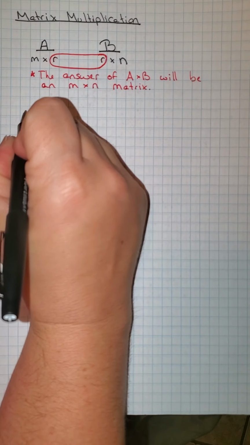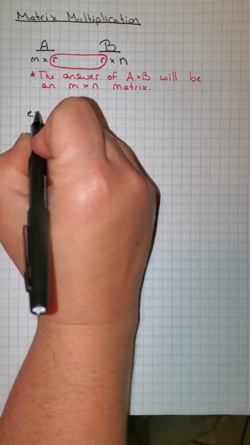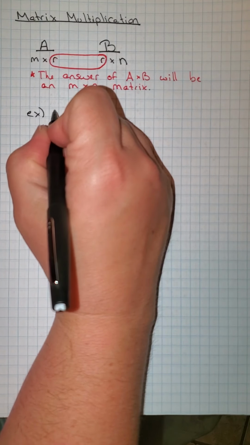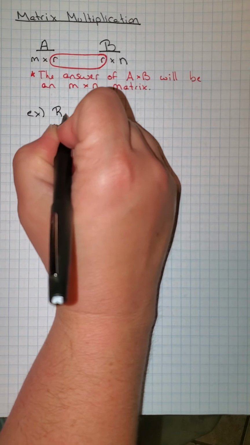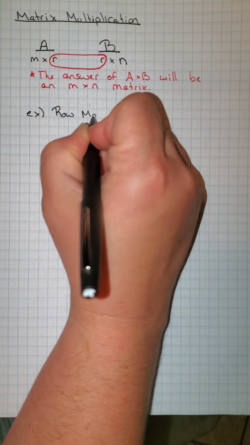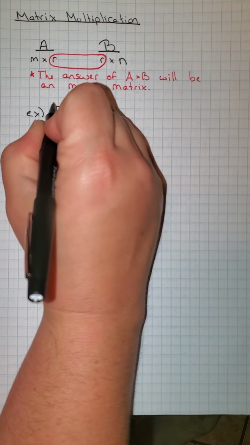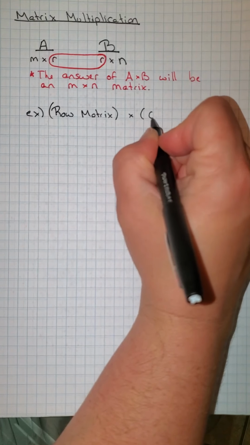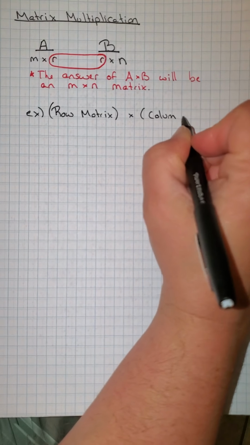All right, so for example, let's just start simple, a row matrix times a column matrix. I'll show you what I mean by that here in a second.